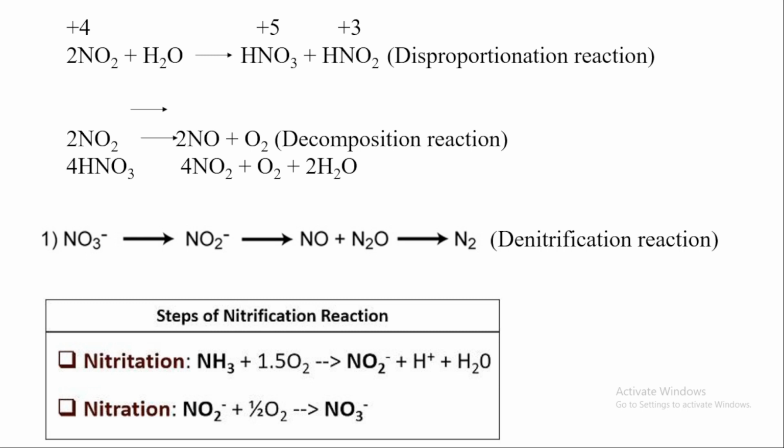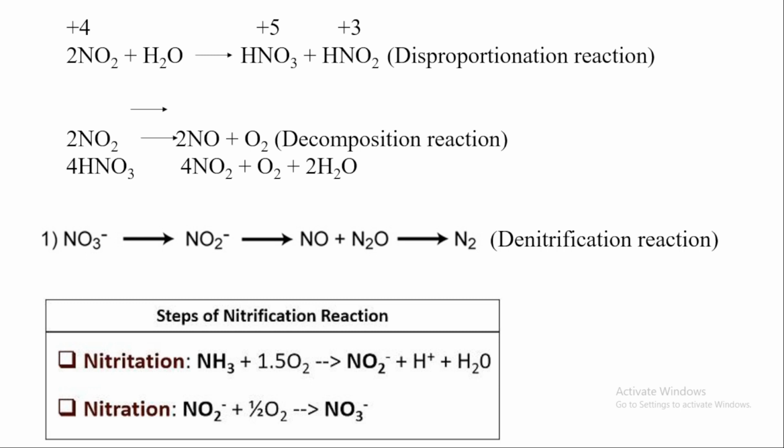So nitrogen dioxide is getting decomposed into nitrogen oxide and oxygen. Okay. Similarly, HNO3. What is HNO3? Nitric acid. Nitric acid is getting converted into nitrogen dioxide plus oxygen plus water. Okay. So it is decomposition reaction. The reactant is decomposing into two or more products.